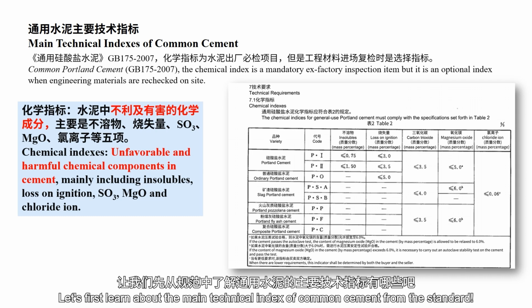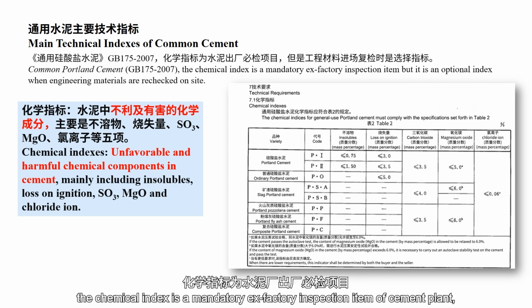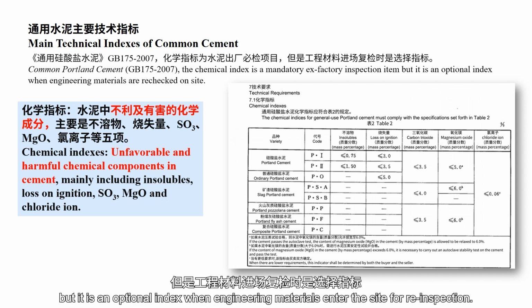Let's first learn about the main technical index of common cement from the standard. According to Common Portland Cement, GB 175-2007, the chemical index is a mandatory ex-factory inspection item of cement plant, but it is an optional index when engineering materials enter the site for re-inspection.